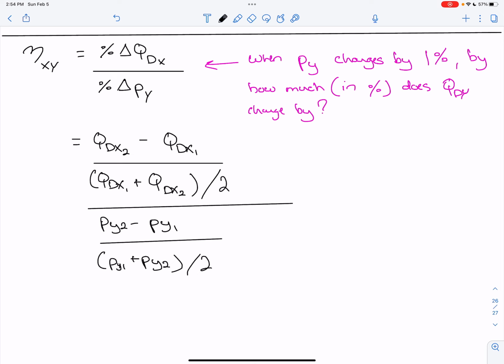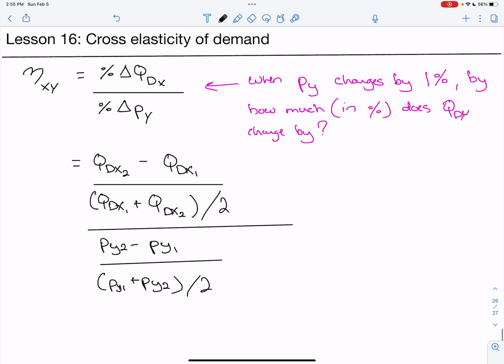The theoretical and mathematical definitions shouldn't be surprising at this point. But there is something quite interesting about the cross elasticity relative to something we explored in an earlier video, which was the difference between a complement and a substitute in consumption.